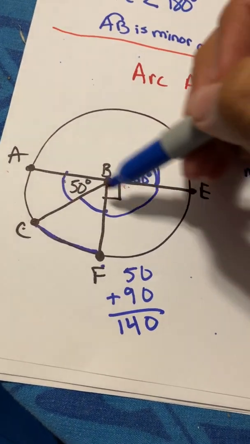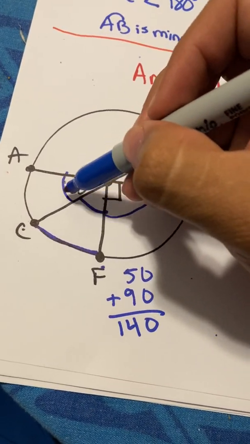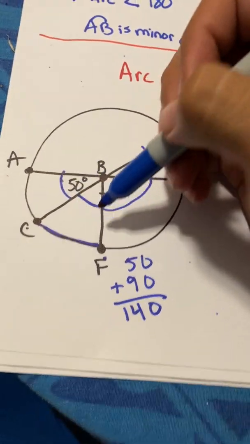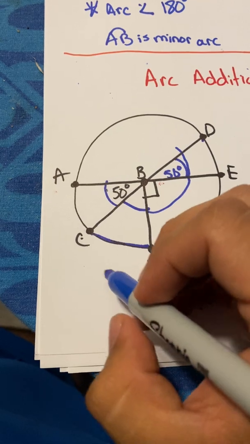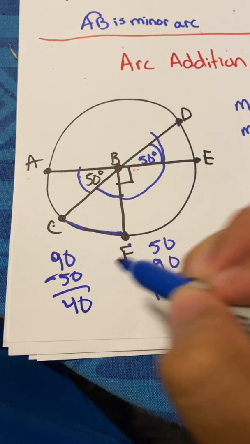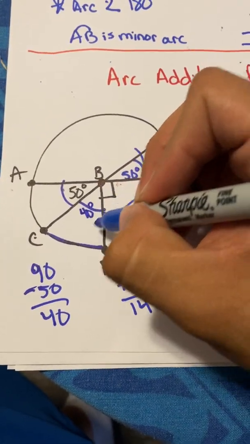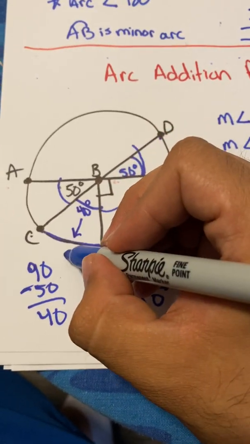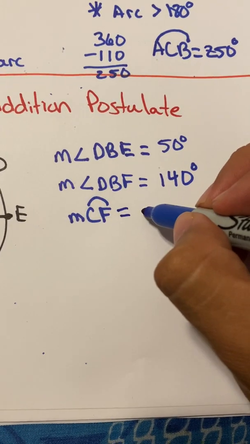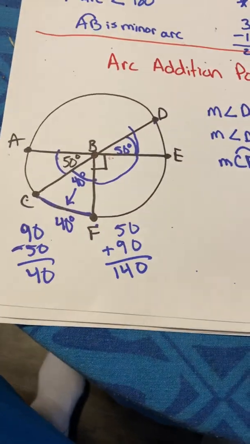Since the right side is 90, the left side should also be 90. But we know that this small section is 50, so if we subtract 50 from 90, we get the remaining angle. 90 minus 50 gives us 40. So this central angle is 40 degrees, which means this arc measure is 40 degrees. So the arc of CF is going to be 40 degrees. And that's how you would find the arc.